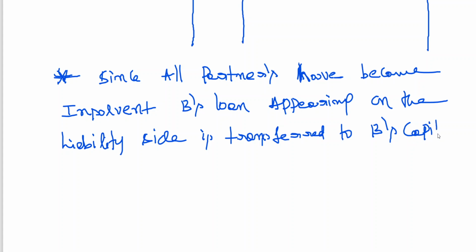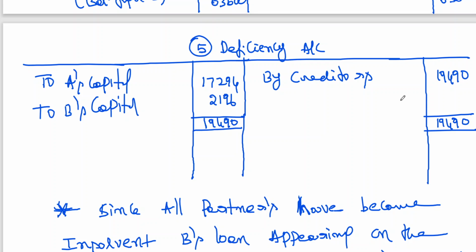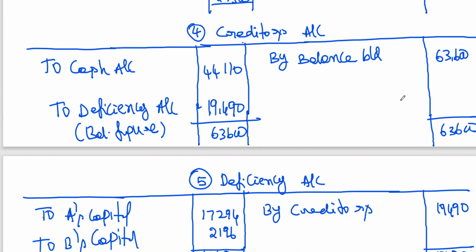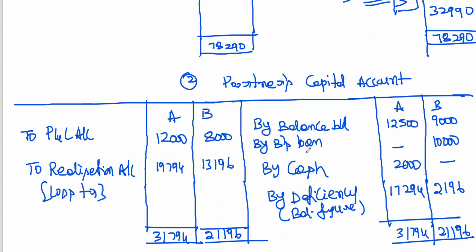Clear to all of you? Otherwise, generally, B's loan won't be transferred to B's capital; it stays on the liability side. The asset side we transfer, but this is the important point in this case.